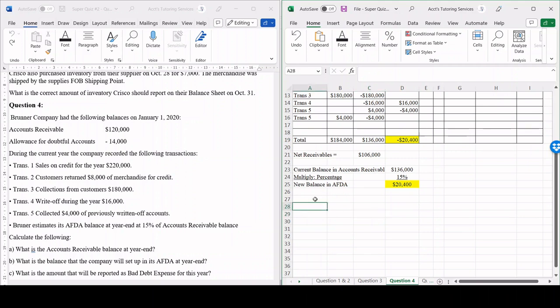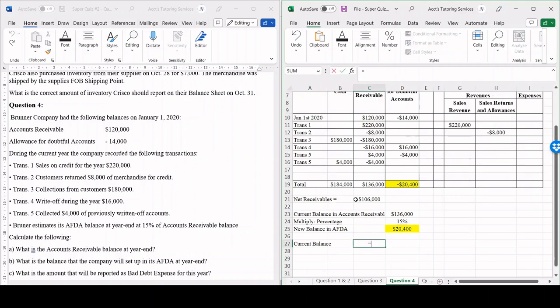Okay. So the current balance, let's calculate that right now, is going to be negative 14,000 plus the 16,000 plus negative 4,000, giving negative 2,000, and the new balance, which we just calculated, is going to be negative 2,400, right? That means for us to get the negative 2,000 to equal the negative 2,400, we have to make an adjusting entry of the difference of these two.